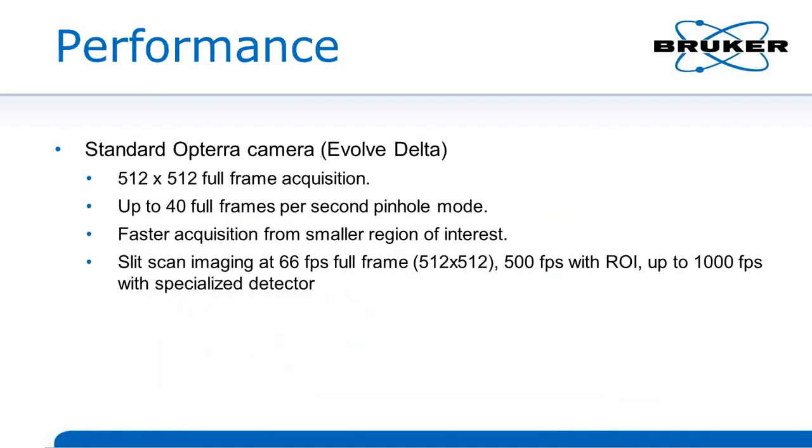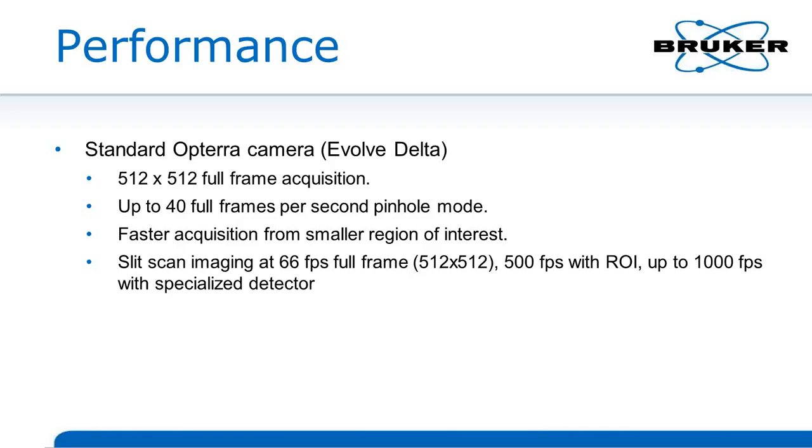Just a quick word about general performance of the system. Using the standard camera that we use with this system, which is the Evolve Delta made by Photometrics, that has a 512 by 512 full frame acquisition, 512 by 512 pixels, we can generate up to 40 full frames per second when we're in pinhole mode, and we can get faster acquisitions from a smaller region of interest, for instance up to about 500 frames per second with a rectangular ROI.